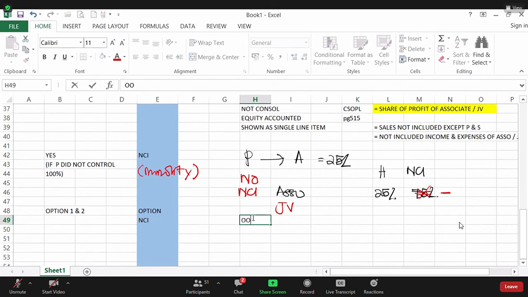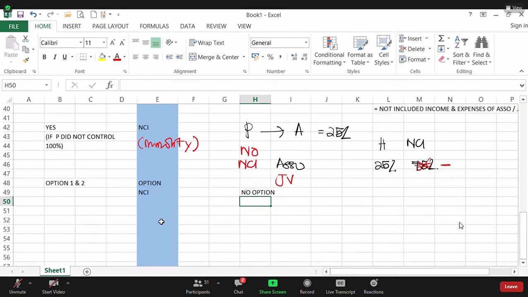No option. This is a technical side. It's not in the textbook; this is my notes. You can't find this in the textbook. The textbook does not say no option, nor does it mention that NCI. This is a technical side because it will affect us when we do the workings.